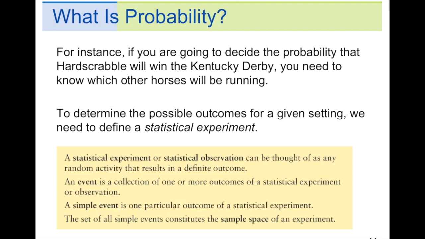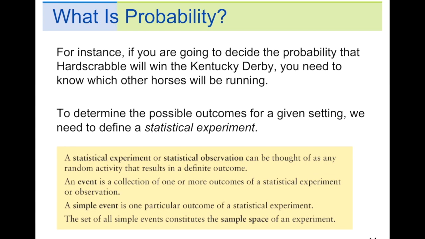For instance, if you're going to decide the probability that Hardscrabble will win the Kentucky Derby, you need to know which other horses will be running. To determine the possible outcomes for a given setting, we need to define a statistical experiment. A statistical experiment, or statistical observation, can be thought of as any random activity that results in a definite outcome.